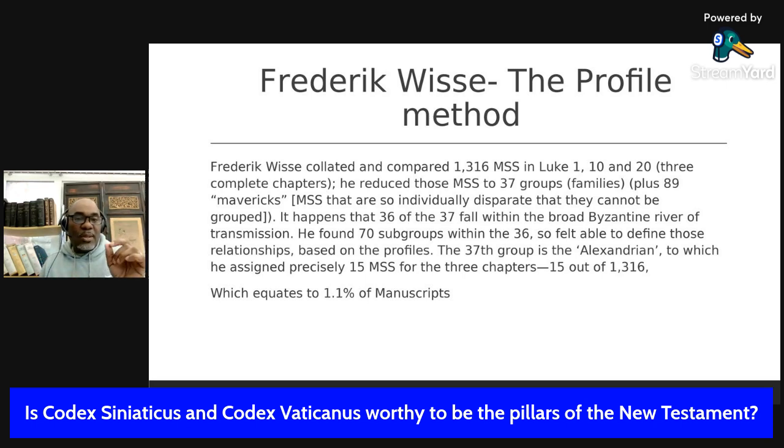So he has 1,316 manuscripts, the majority minuscules, and only 15 manuscripts, which equates to 1.1% of manuscripts. And this is what textual scholars lean on, about 1 to 2% of manuscripts, in their decisions. And these manuscripts were never copied.